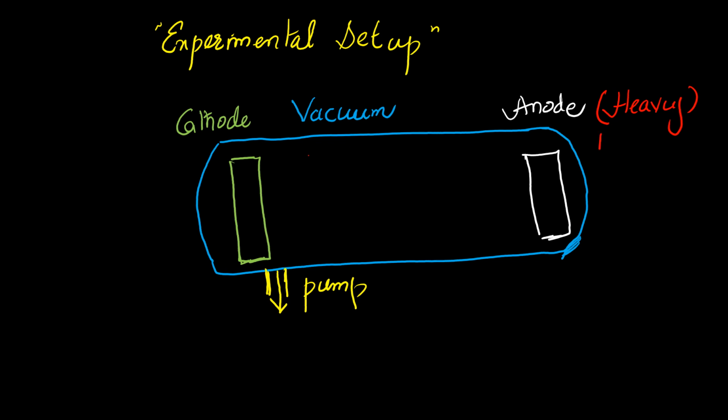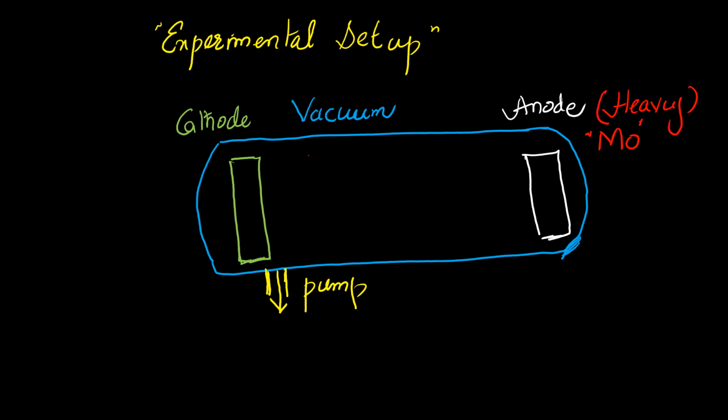However, most commonly molybdenum, Mo, or tungsten was used for the production of X-rays. We will discuss later on why molybdenum metal was used in the production.